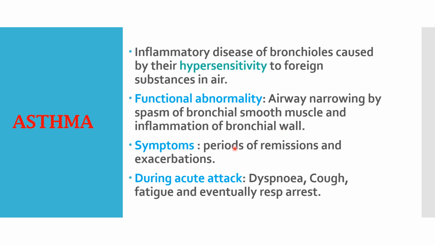And the symptoms are: the person usually inspires adequately but has great difficulty during expiration. It is a chronic lifelong disease with periods of remissions and exacerbations. During an acute attack, the patient may have dyspnea or air hunger, cough, and with repeated acute attacks, the patient will get progressively fatigued and eventually respiratory arrest also occurs.